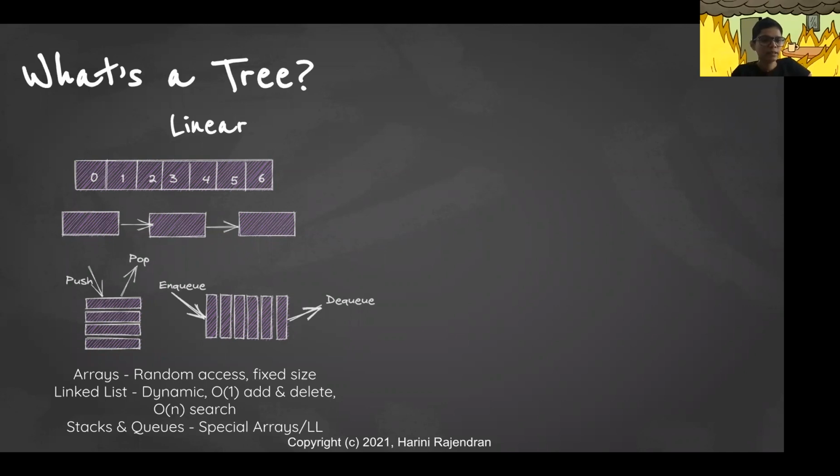These are called linear data structures because the data in them is arranged linearly or sequentially. Because of this arrangement, all the data present in the data structure is at a single level. Because of that, you can also traverse these data structures in just one traversal.